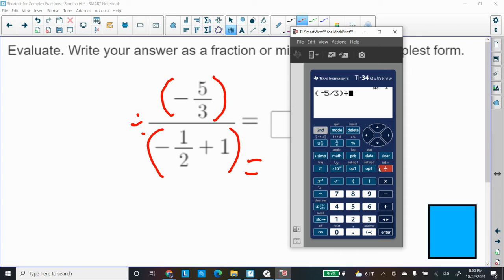Yours may come out a little funny, but that's okay because you have this in parentheses, which is your numerator. So the parentheses are going to keep all of that stuff together. Now I'm going to divide it by the denominator. So I put parenthesis, negative 1, fraction bar, ABC button, and half.